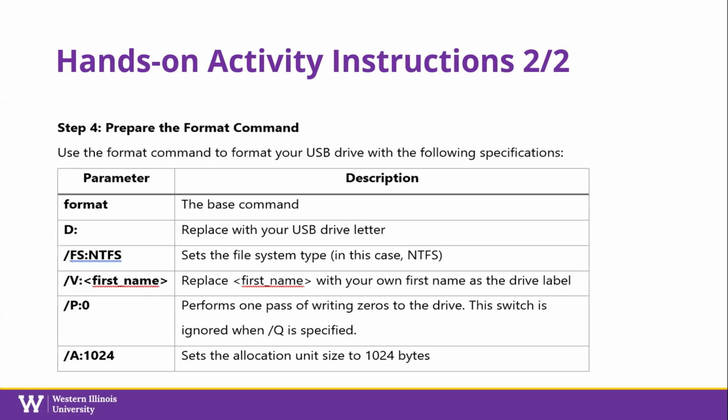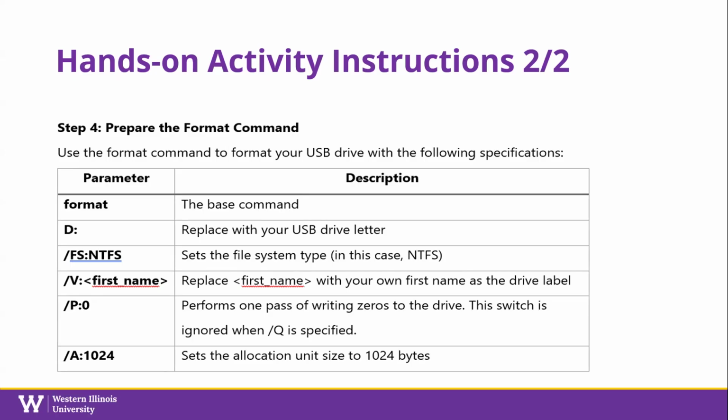Then I provide additional information on what I'm looking for, because it's very important that we tell them upfront exactly what I'm looking for. They need to format the provided USB using the format command with the following specifications. For example, they need to format the USB with the NTFS file system.